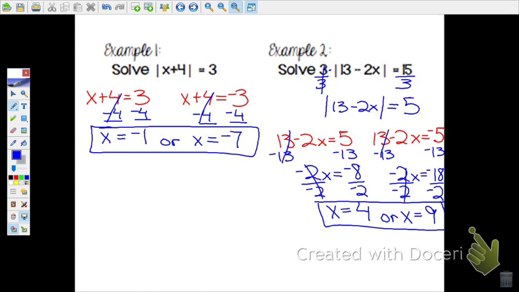If I put 9 in place of x, 2 times 9 is 18. 13 minus 18 is a negative 5, but I'm using absolute value. So the absolute value of negative 5 makes it positive 5, times 3 equals 15. So again, I can check my work. I know my solutions are correct.